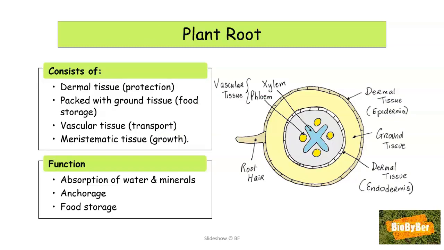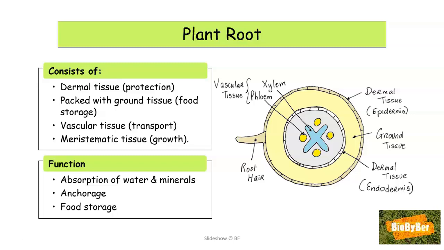Now remember, what we're trying to do here is show that this root is an organ because it's basically composed of different tissues working together to carry out one or more functions. So if we're looking at the root, we must be able to observe that it is composed of tissues.